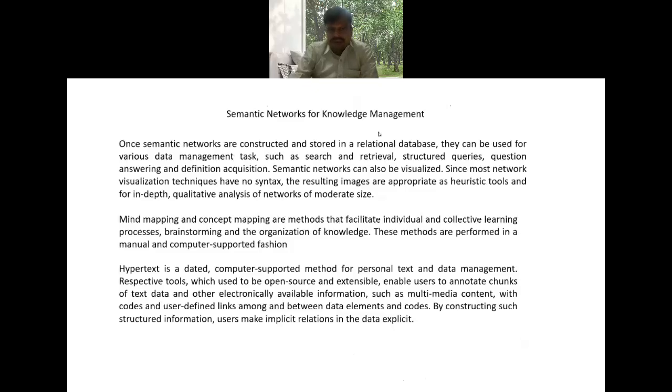And that semantic network that is constructed should be stored in a relational database, RDBMS, like that. They can be used for various data management tasks such as search, retrieval. Search means to find something. Retrieval, whatever the item which you can find, that should be retrieved. Structural cues, question answering and definition acquisition, etc.